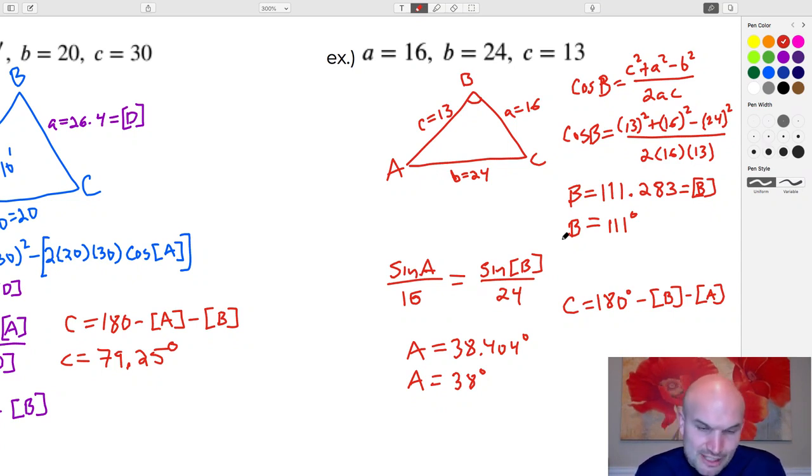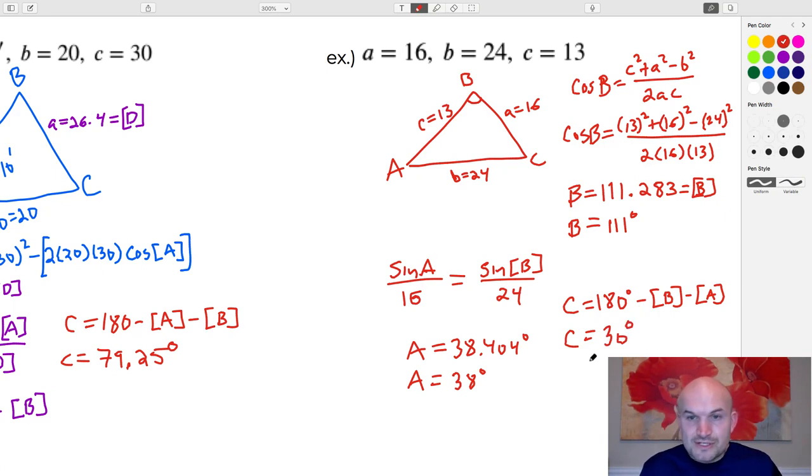I'm just trying to get people in a good mindset of not using rounded answers and using these stored answers. Since we round again to the nearest whole, there's not much difference, and we get 30.3, which rounds to 30 degrees. So C is going to equal, let's just do a rounded answer, 30 degrees.